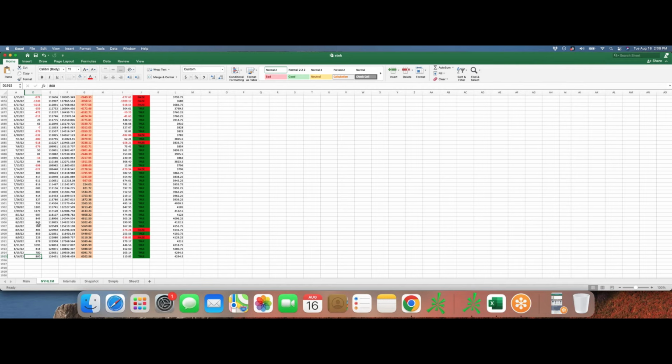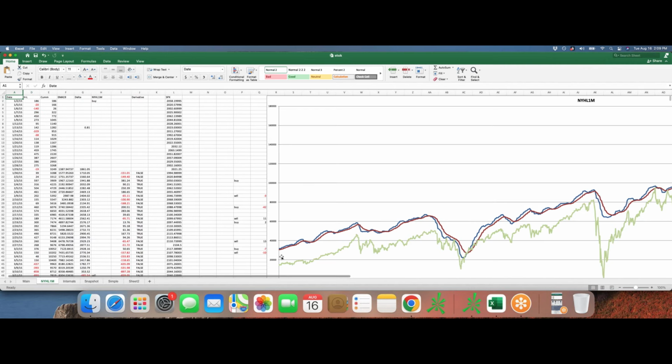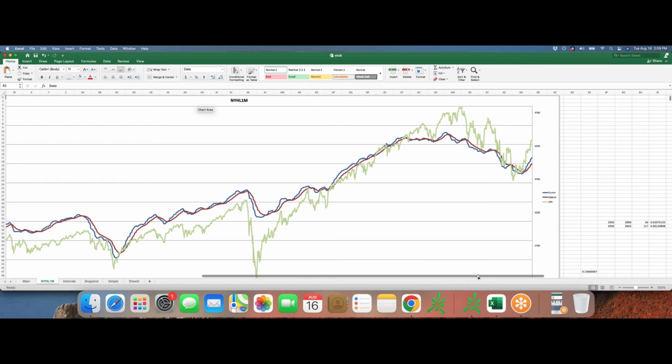The value from every day, I just put into a spreadsheet, and we calculate the cumulative of that, and we have an EMA from that. As long as the cumulative value is over the EMA, we have a buy signal. So that is the core Nile 1M indicator over here.